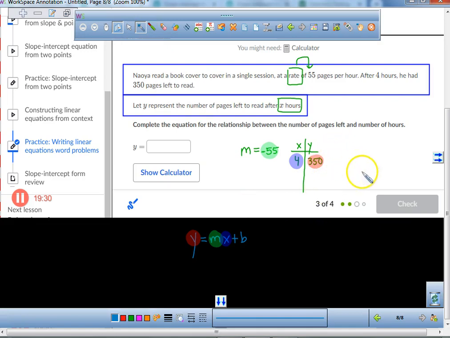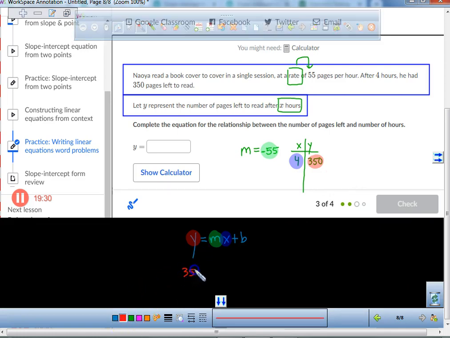There you go. That's what we have to do here, okay? So right now, they've given us information, but we still have to find the Y-intercept. So my Y value is 350. My slope is negative 55. And my X value that I'm plugging in is the number 4.